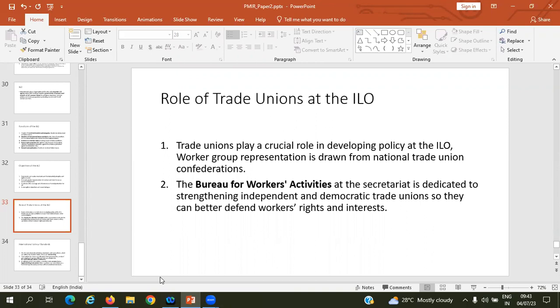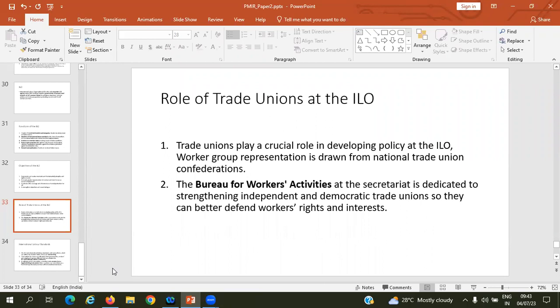They are making the rules, they are helping the international organization at their country level, at their local level, and building those guidelines for each organization. This is the main relation between trade union and ILO.